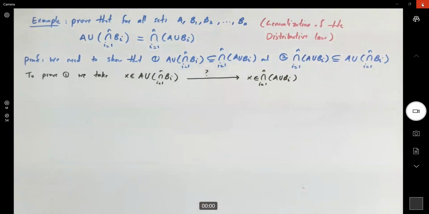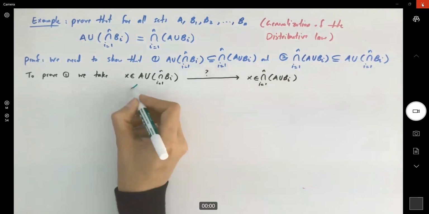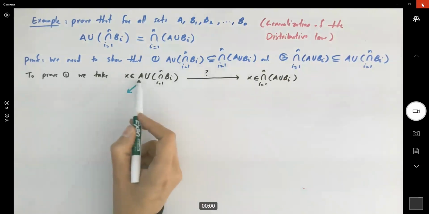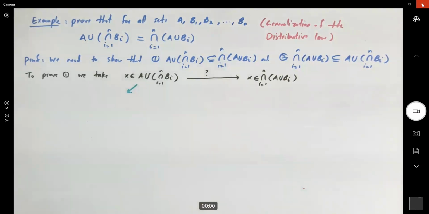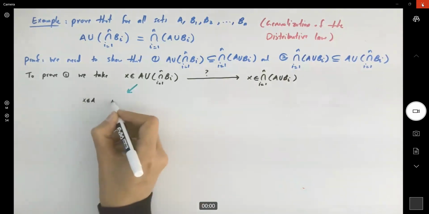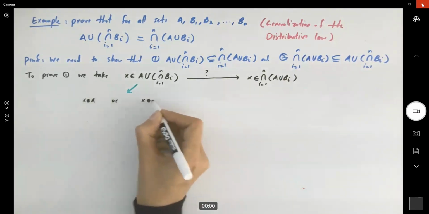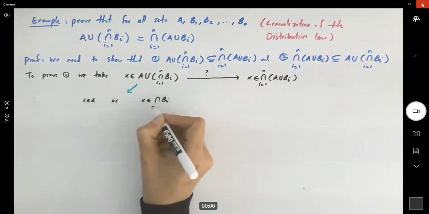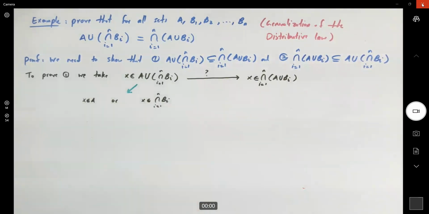So by definition, let's begin. If x belongs to A union with another set, what's the meaning of that? x belongs to A, or x belongs to the intersection of Bi's, i starts from 1, goes to n.